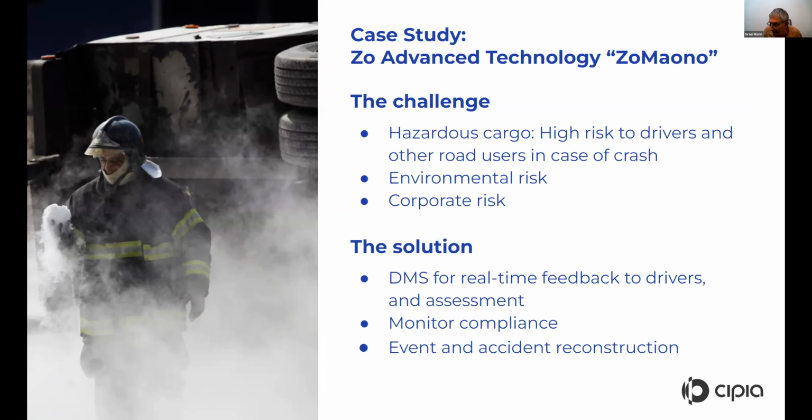The environment can be hurt. People around can be hurt. We're talking about risk of fires, explosions, poisoning the environment in a way. As such, petrochemical companies are very, very careful and tend to be very sensitive to accidents and their implications, because it's also a corporate risk.